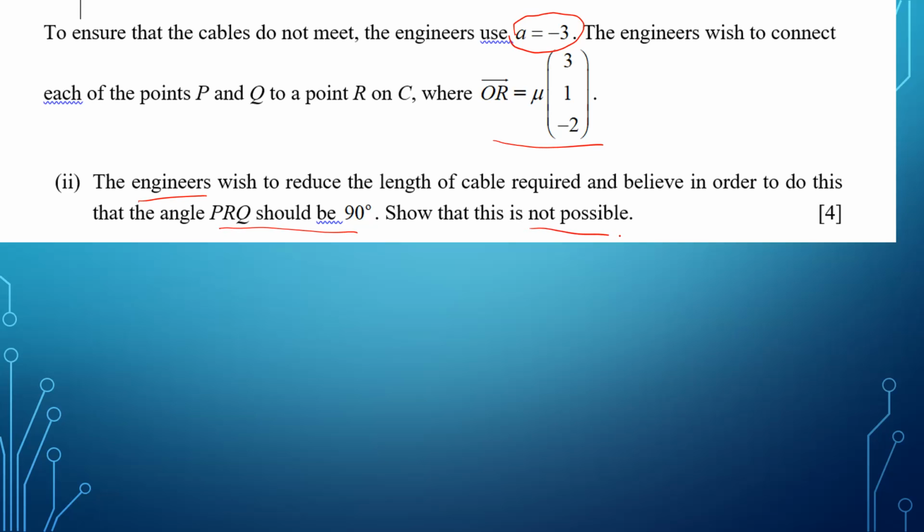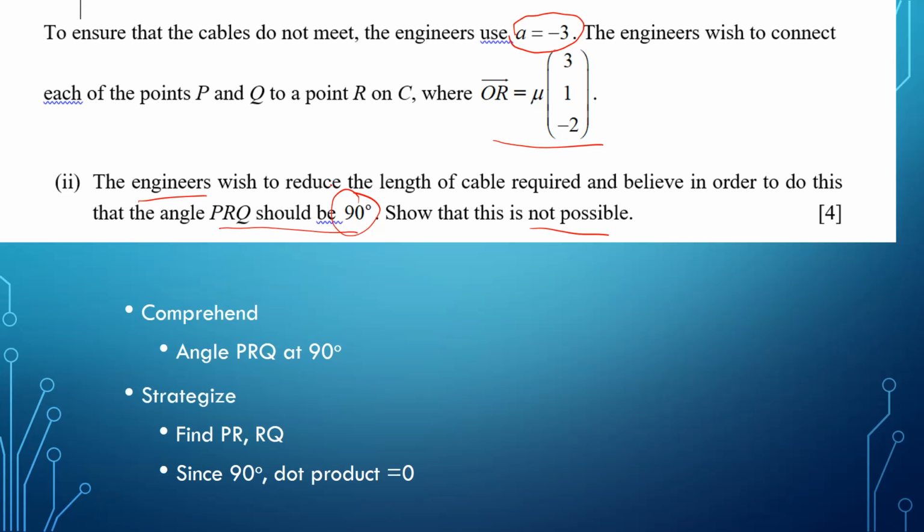So catch some hint from the question. You see a 90 degree. So angle PRQ should be at 90 degrees. So strategy wise, it has got to do with dot product. Dot product of who? Angle PRQ will then mean PR dot RQ must be equal to 0. So this is your strategize part.